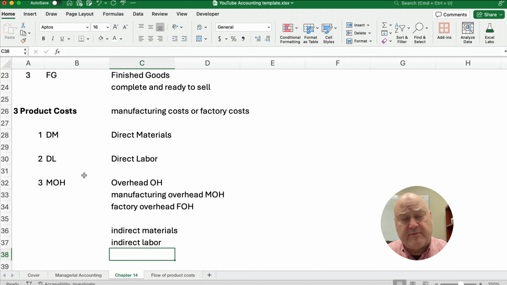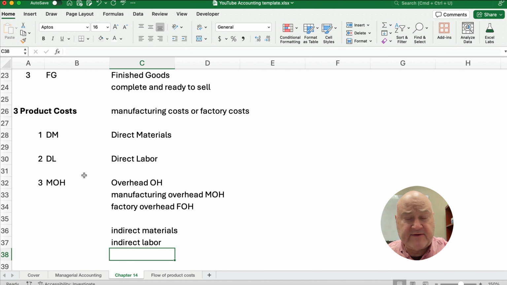Well, those are important materials, but they're not a large cost, and they could use the same glue for lots of different jobs, lots of different products. So it's not specific for this one product that we're making. So direct materials is a category, but indirect materials is overhead.